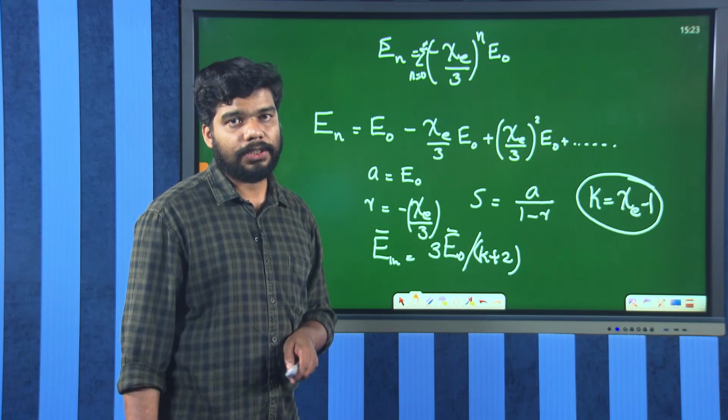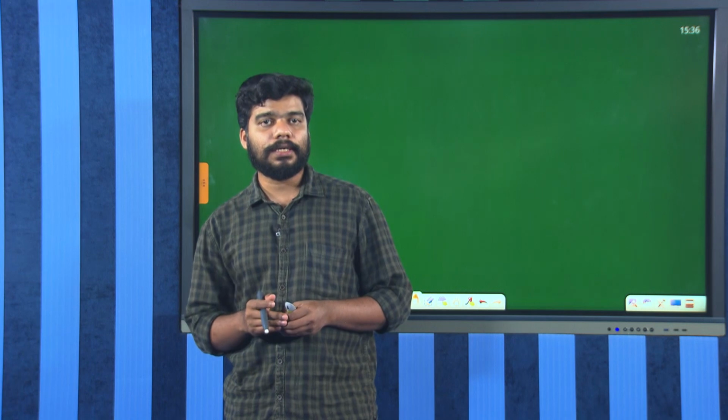Now, let us find out, if a dielectric medium is placed in an electric field, what is the force it experiences? Consider a slab of linear dielectric material partially inserted between the plates of a parallel plate capacitor.